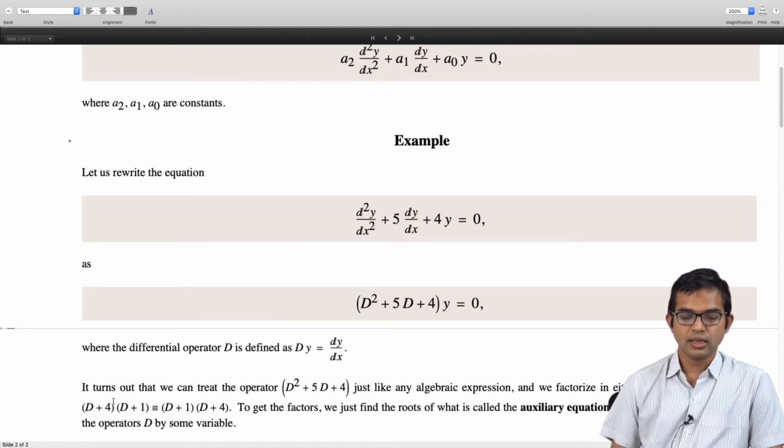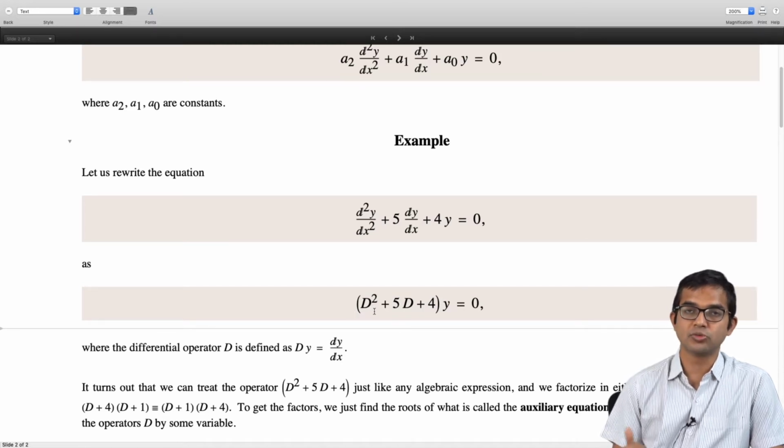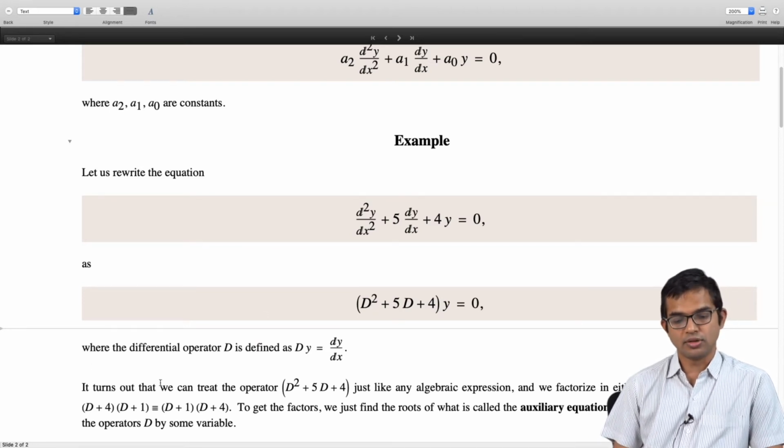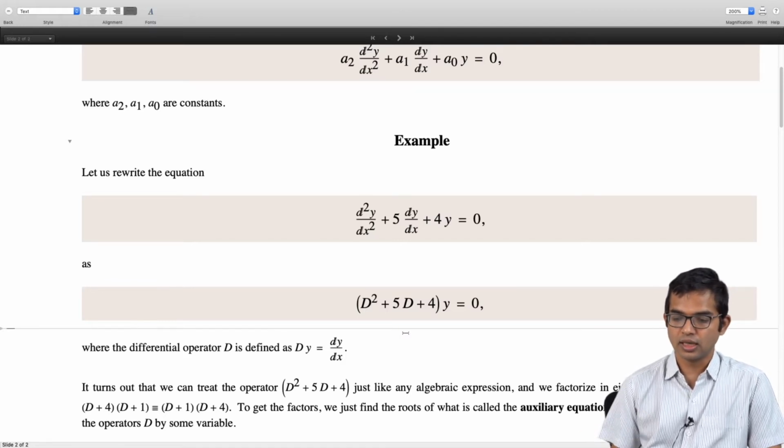Therefore you can factorize: this quadratic form can be written as d plus 4 times d plus 1 if they were usual variables, and it turns out that this operator equation itself can be written in this form, d plus 4 times d plus 1. The corresponding quadratic equation is called the auxiliary equation, and the roots of the auxiliary equation are of great importance in finding the solution of this, which we will discuss ahead.